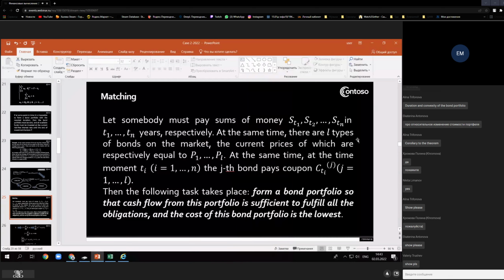The idea is to construct the bond portfolio so that the cash flow of this bond portfolio will cover our future payments totally.